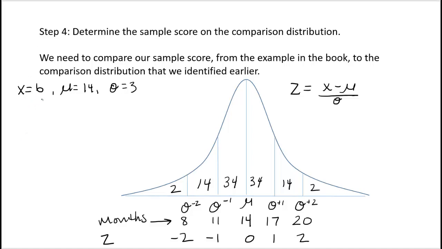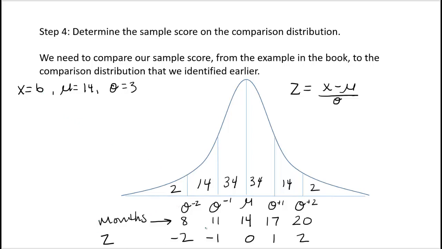That is the number of months that the baby walked at when he took the enriched vitamin. The average walking age of the other babies was 14, with a standard deviation of 3 months. We are going to use a version of the z-score formula in order to find out what the z-score is for our baby that walked at 6 months compared to our comparison distribution.